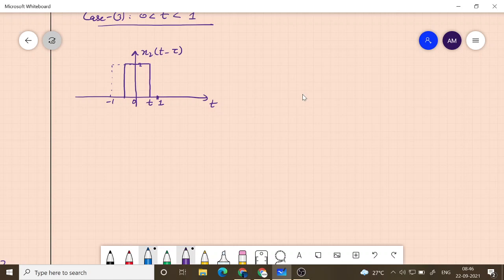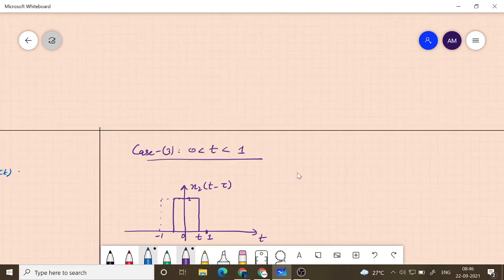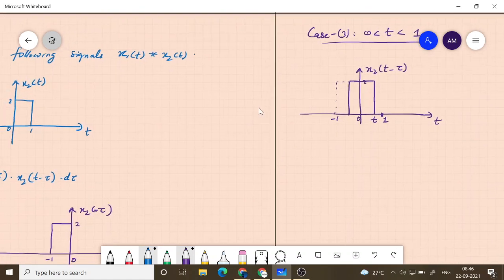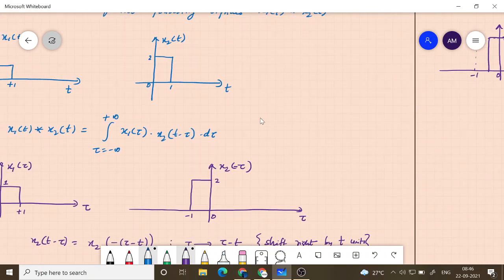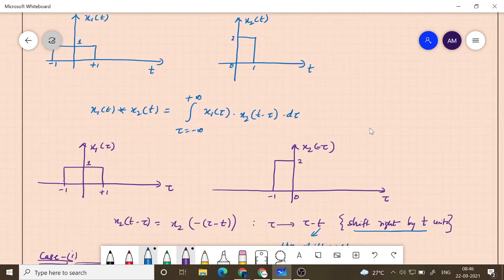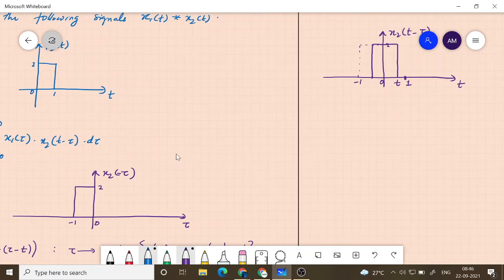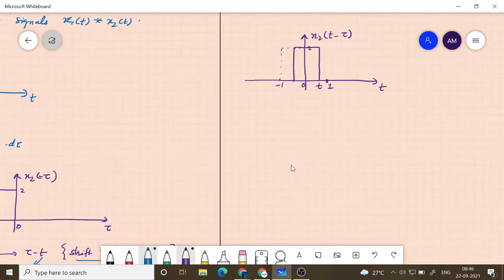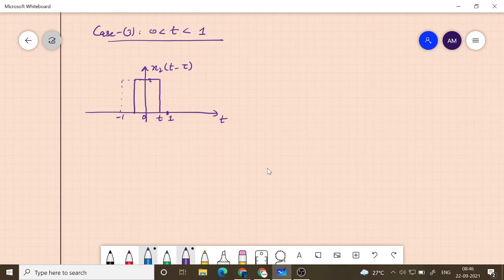Now in this region, if you look at the overlap with the first function, the first function is 1 from -1 to +1. So when you shift it by an amount less than 1 to the right, the full part will overlap, because from -1 to +1 you have the first function.